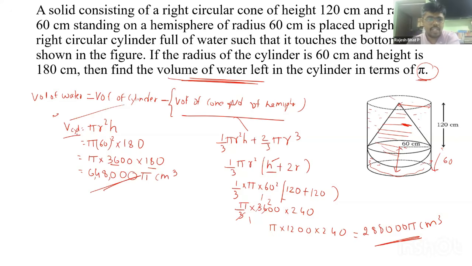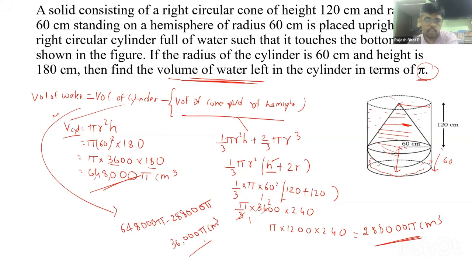Now just simplify according to the formula. Subtract this. 648,000 pi minus 288,000 pi. When you subtract, you will get 36,000 pi centimeter cube. Okay. In the LBA document, you'll easily find even answers at the end. You can easily find answers also at the end.